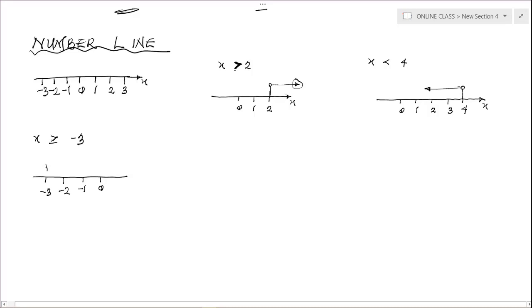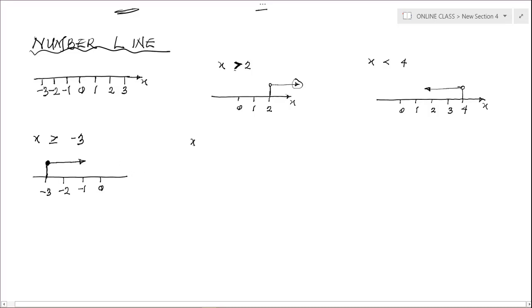On that -3, you draw a line down. The circle you put on it will now be a shaded circle. Why is it shaded? Because it has equals to with it. So it won't be an ordinary circle, it will be a shaded circle. Then you draw to the right and put the arrow there.